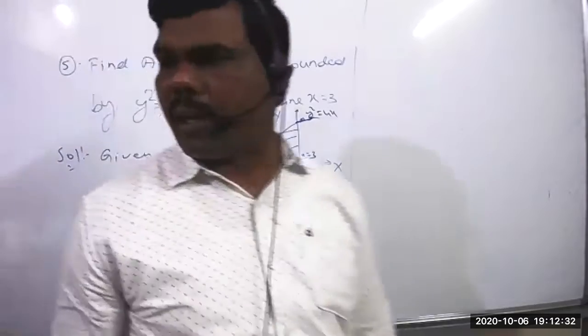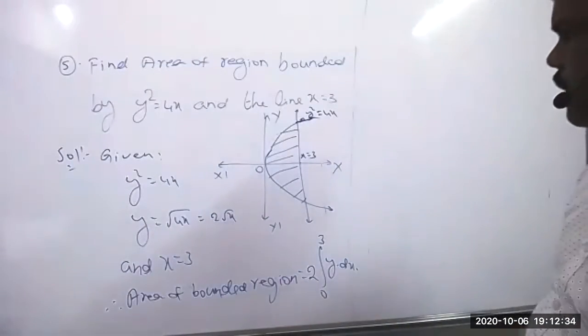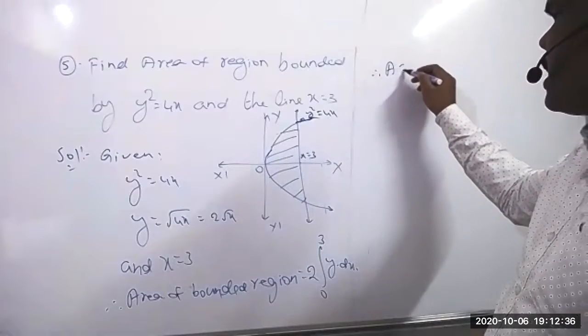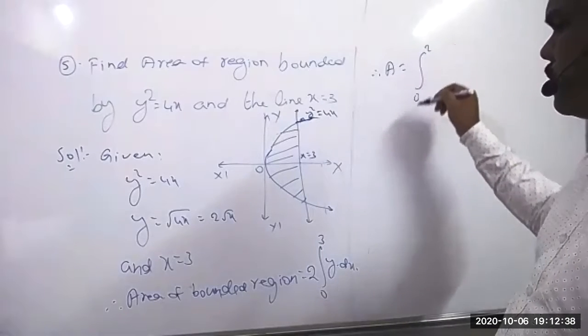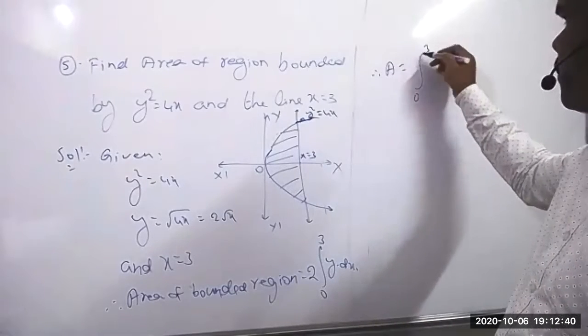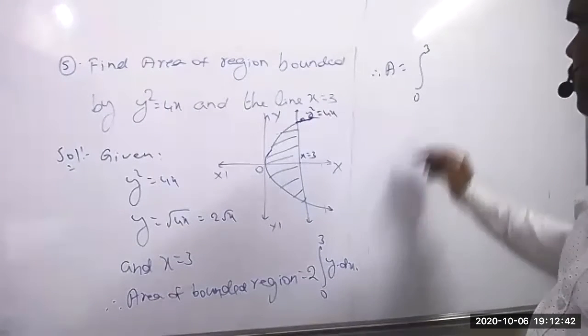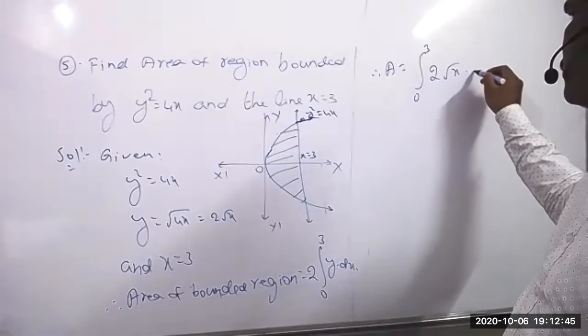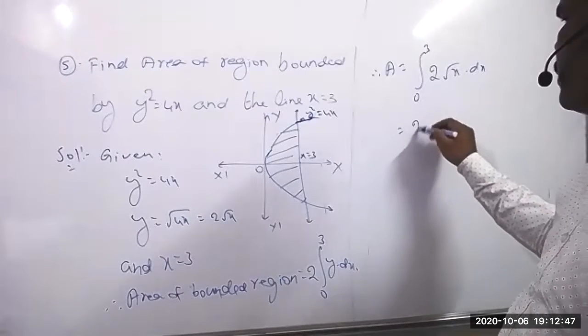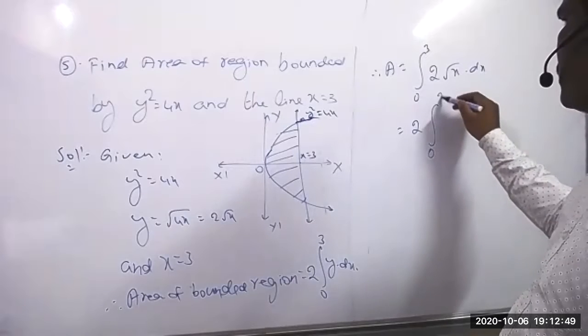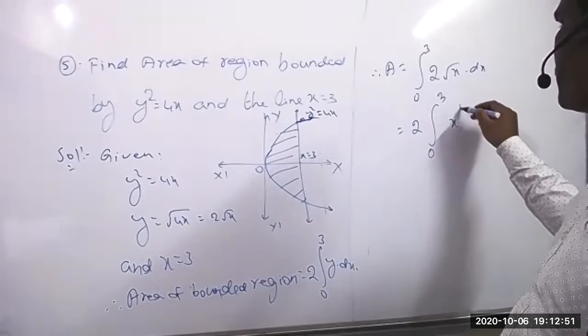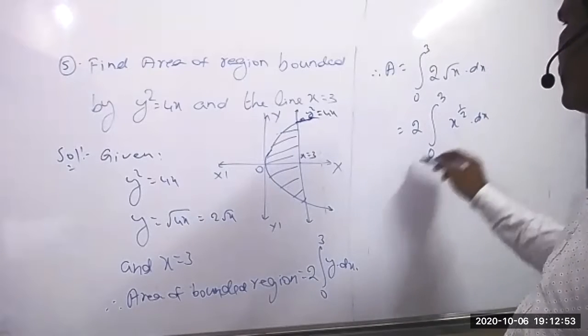Now we can write area equal to integration from 0 to 3, where y equals 2 into root x, so we get 2 into root x into dx. And 2 is a constant you can take out. From 0 to 3, root x can be written as x power 1 by 2 into dx.